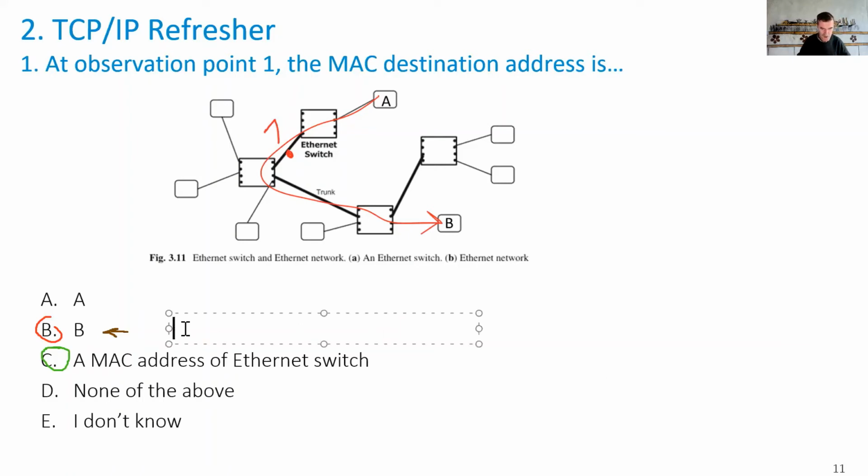And why is it B? Well, because that's by definition of bridges. Bridges are transparent. Ethernet switches are bridges.